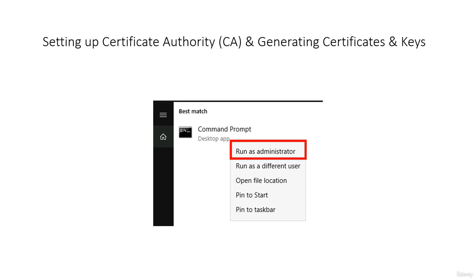And then what we need to do is set up our certificate authority and generate certificates and keys for the server and clients. We will set up PKI to be able to create our server and client certificates. Simply go to your Windows, search for command prompt or CMD, and you must open it as an administrator.